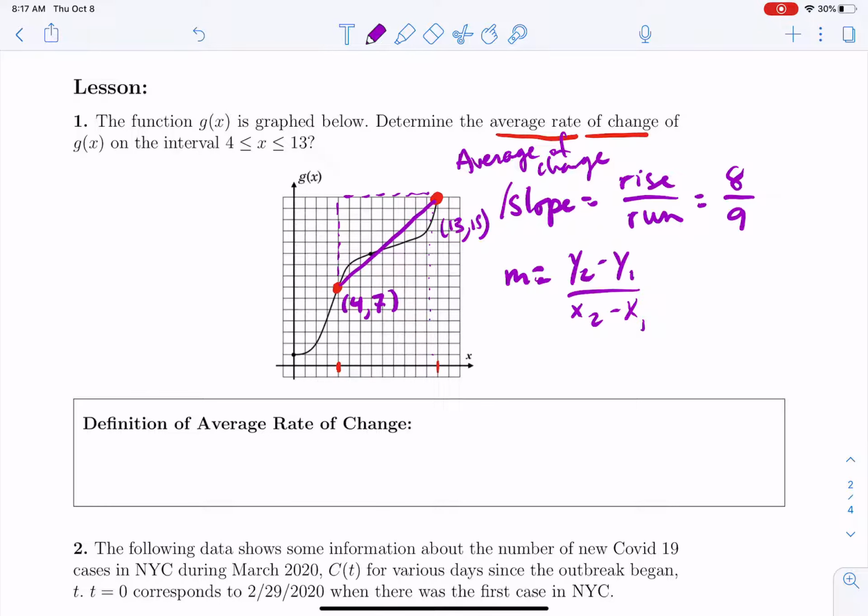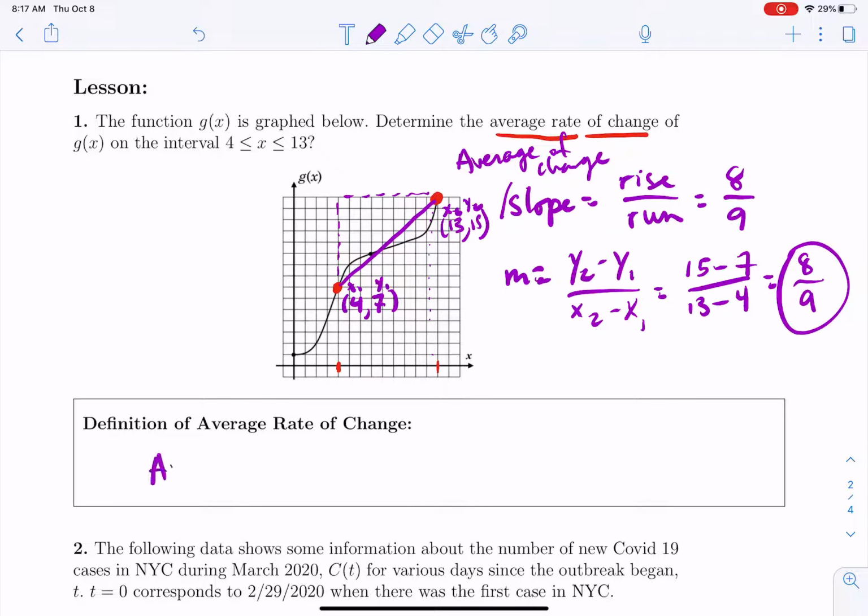Okay, a lot of counting there, but we got it. So, all right, the change in the y's. So that would be 15 take away 7, so y2 minus y1, over x2 minus x1, 13 minus 4. Let's hope we get the same thing, and we do.